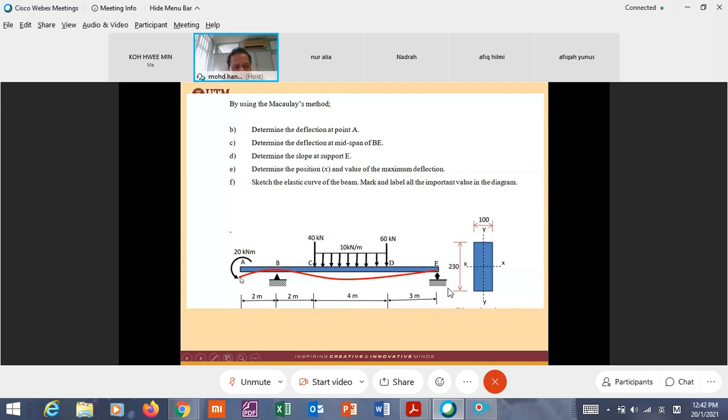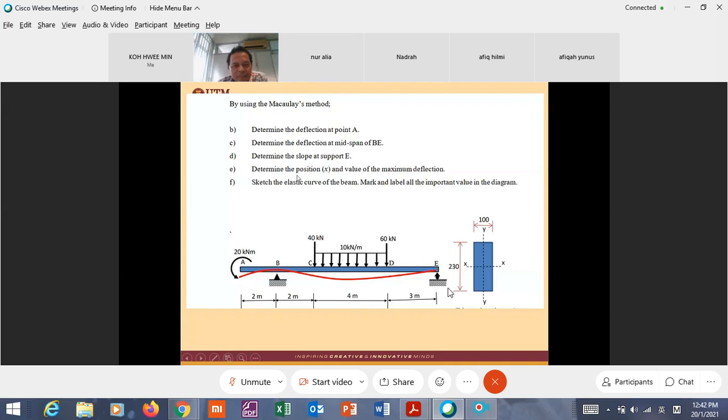What is the deflection at point A? The deflection at midspan of BE, we do not know. The slope at E: at E the slope is maximum, but we don't know what the slope is.